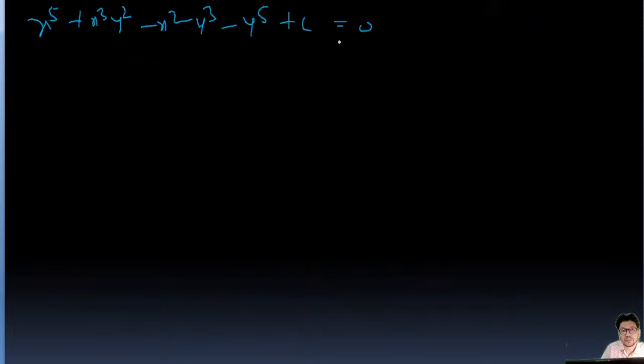So this is the answer, guys. I hope you understood it. This is how we solve an exact differential equation. First we check whether the equation is exact or not. If it is exact, then we use this method to solve it. Okay, next point.